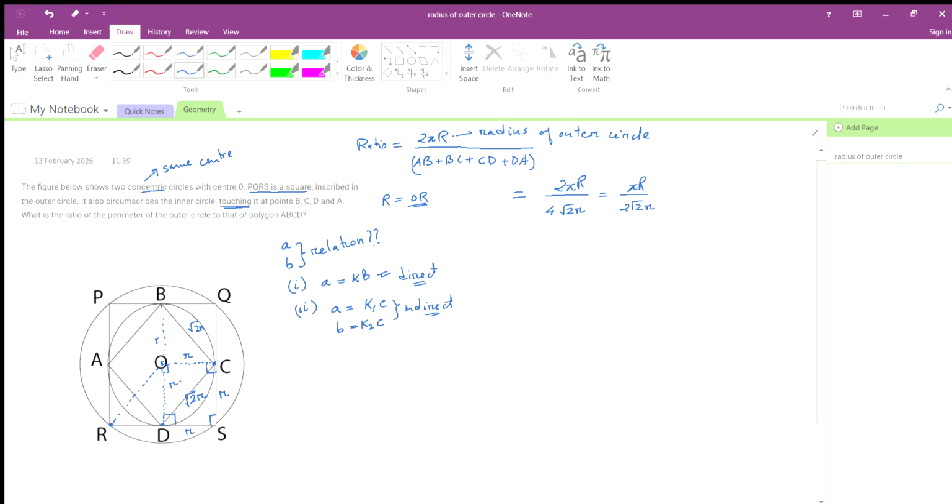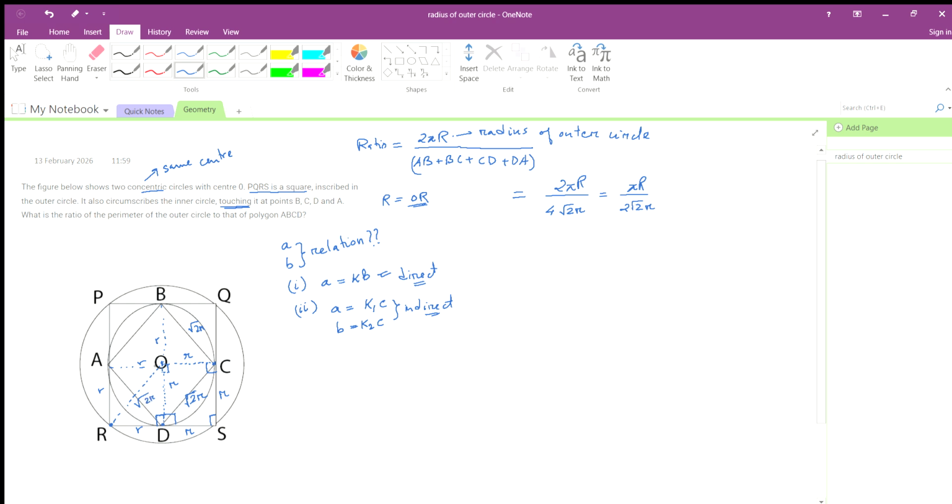Now similarly, I can say this is also r, this is also r, this is also r. Now this is 90 degree, right? This is r, this is r. So what will be OR? OR will be root 2 r. What is OR?